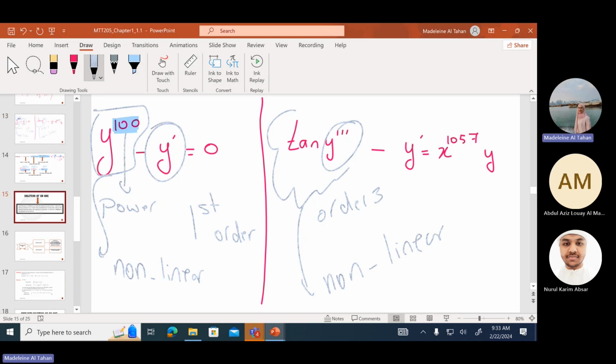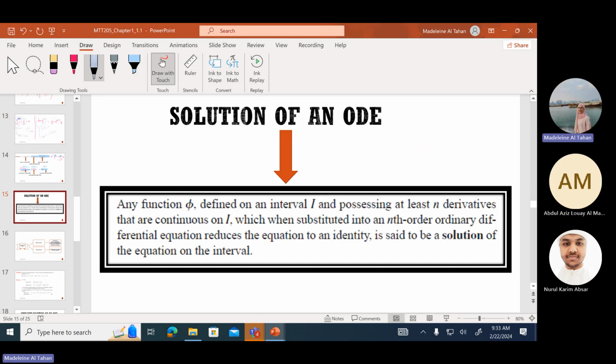By solution, in general, what's meant by solution? Okay, so when someone asks you whether this one is a solution or not, what do you do usually? Some of us substitute and some of us solve and check if they get the same answer, right?